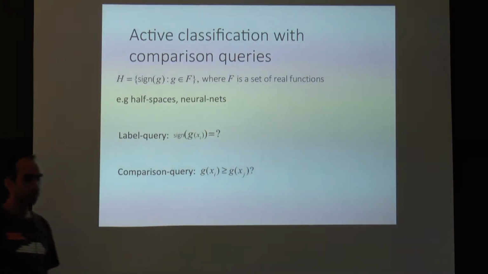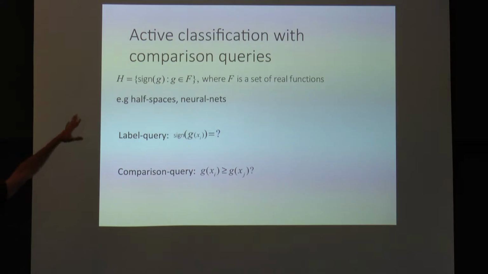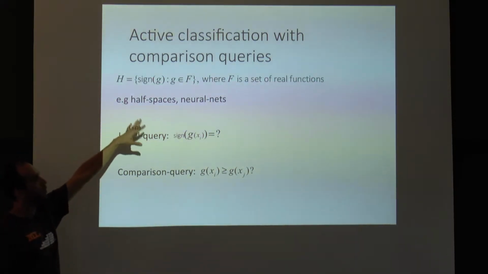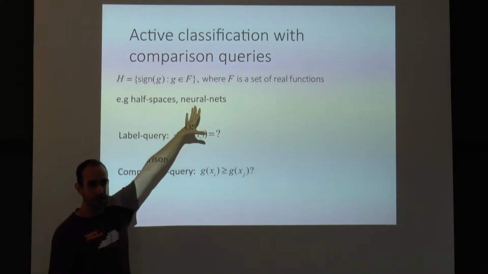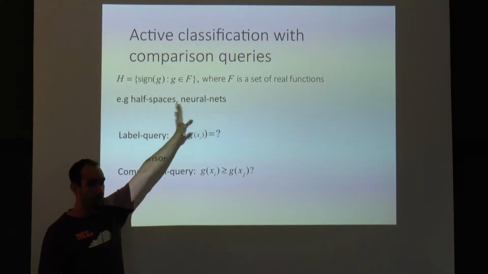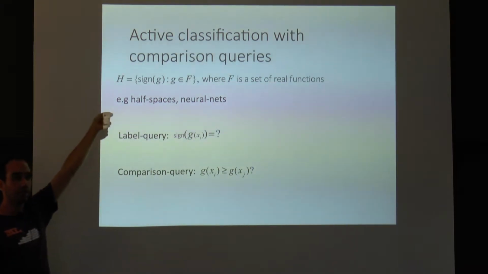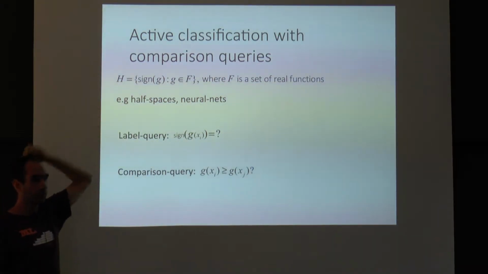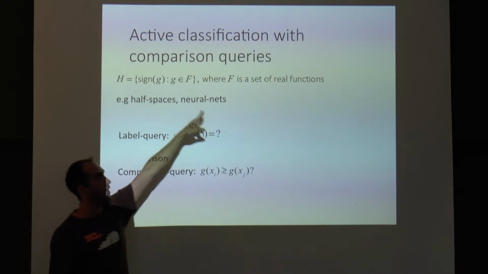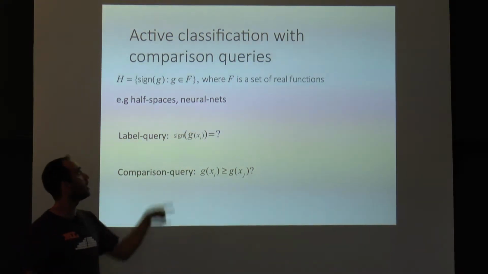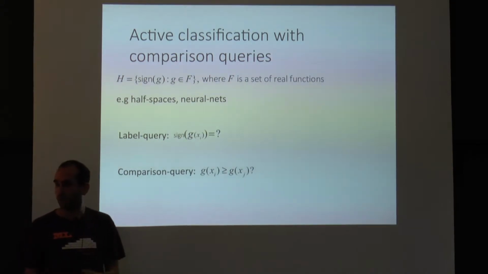So the setting is that we have some hypothesis class, some concept class, and we assume that there is an underlying class, capital F, of real valued functions. On top of it, we take the sign of the underlying class. So for example, if capital F is the class of all affine functions from Rn to R, taking the sign of an affine function gives us what we call half spaces.